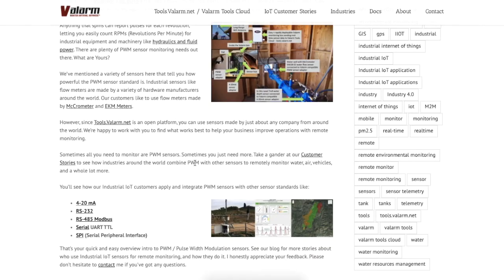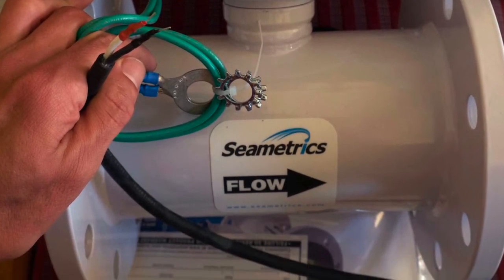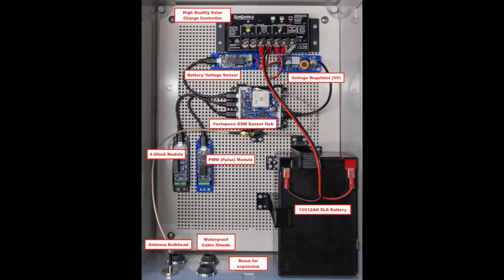Some pumps are or can be equipped with Hall effect sensors, so they can be measured with PWM sensor adapters.